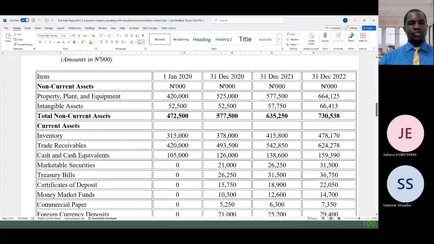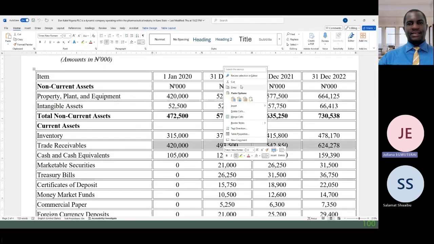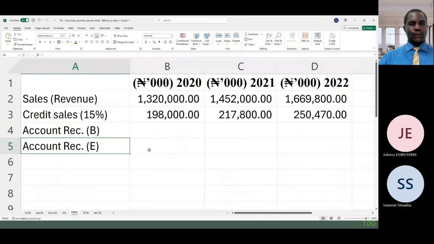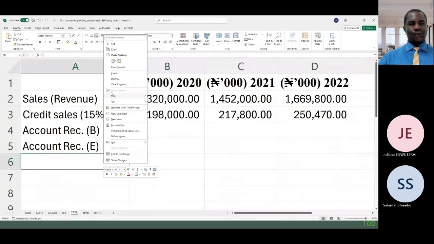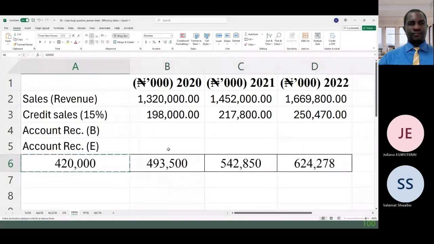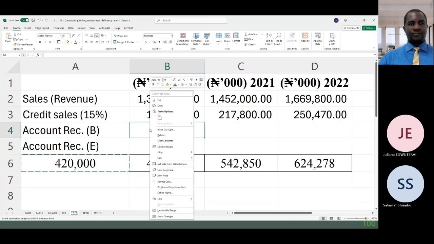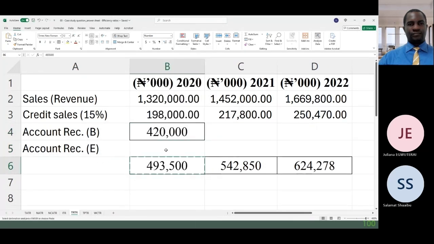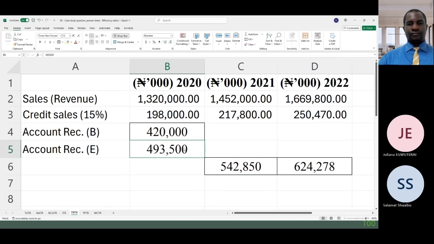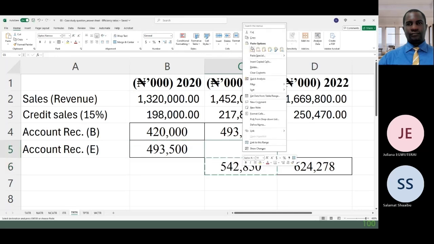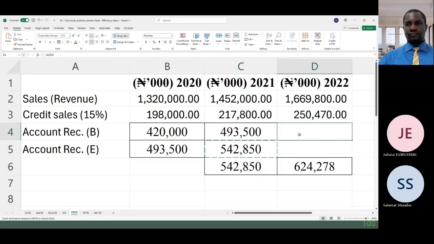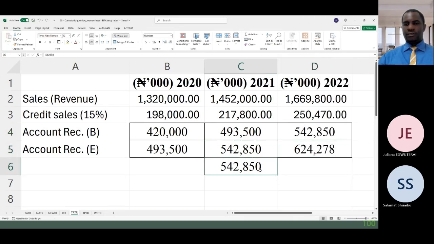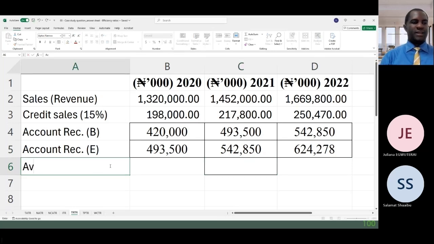Okay, so I've arranged my figures. Let me have my average accounts receivable.